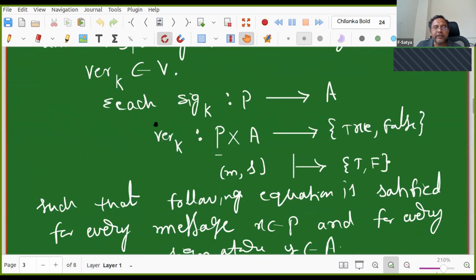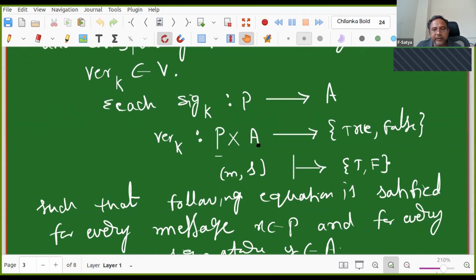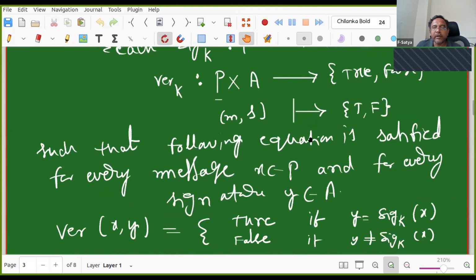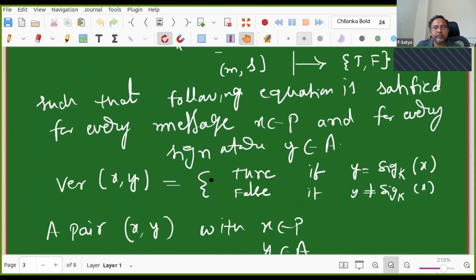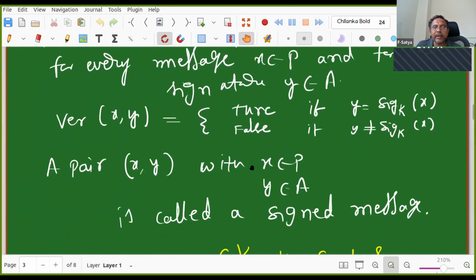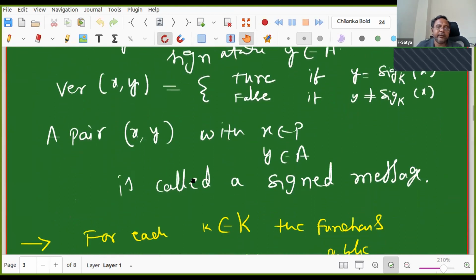So for each key, the signing algorithm takes the plain text as input and gives the signature. The verification algorithm takes the plain text as well as the signature, and gives true or false. You understand? So the following equation is satisfied. The pair (x, y), where x belongs to the plain texts and y belongs to the signatures, is called a signed message.